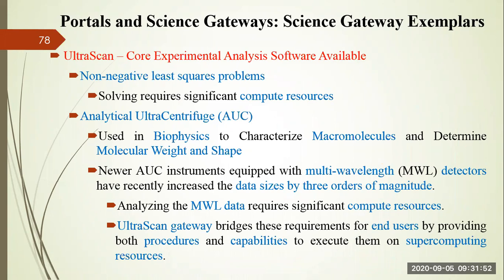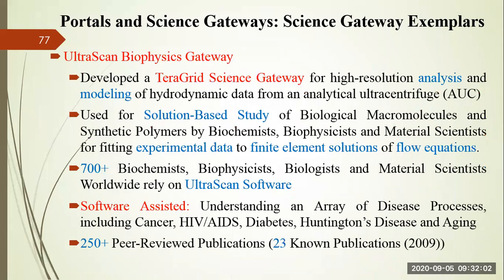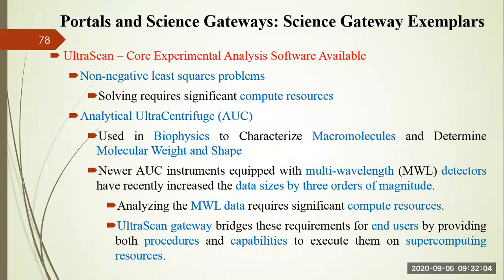Similarly, as we discussed, analytical ultracentrifugation, AUC. This software is used for HIV/AIDS, diabetes and cancer research in order to analyze the data. In biophysics, AUC is used to characterize macromolecules and determine the molecular weight and shape.